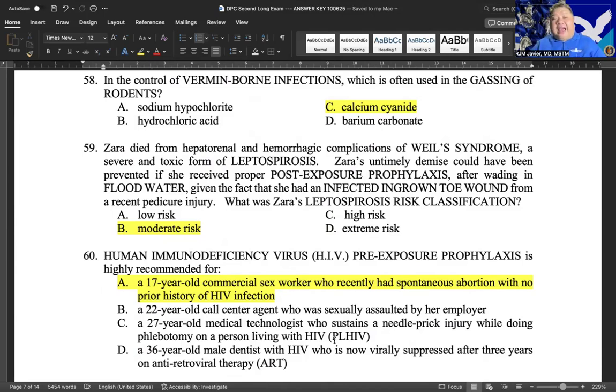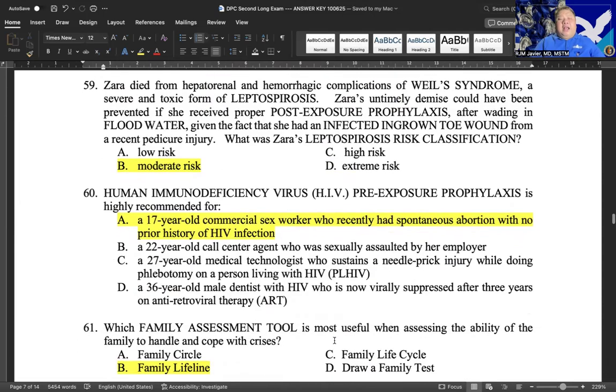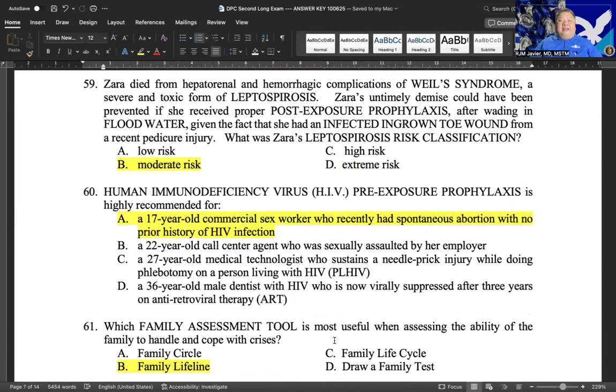When we talk of gassing, the best possible gassing of vermin, such as your rodents, it would be your calcium cyanide.